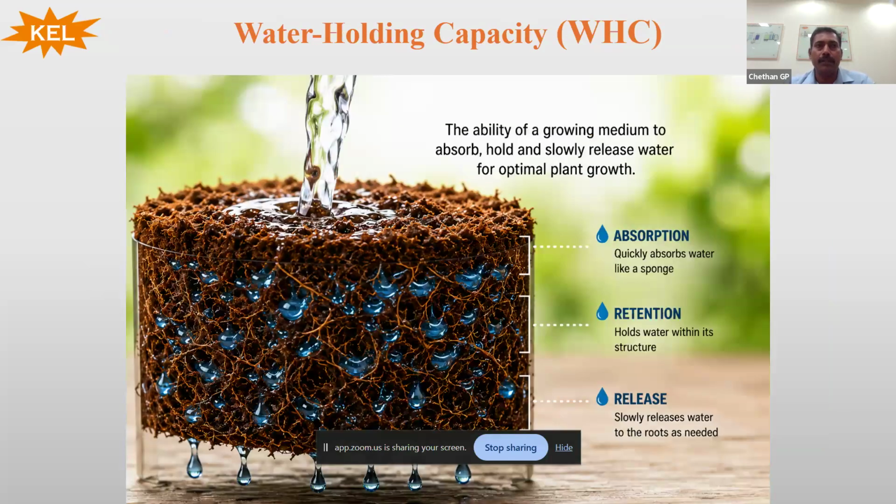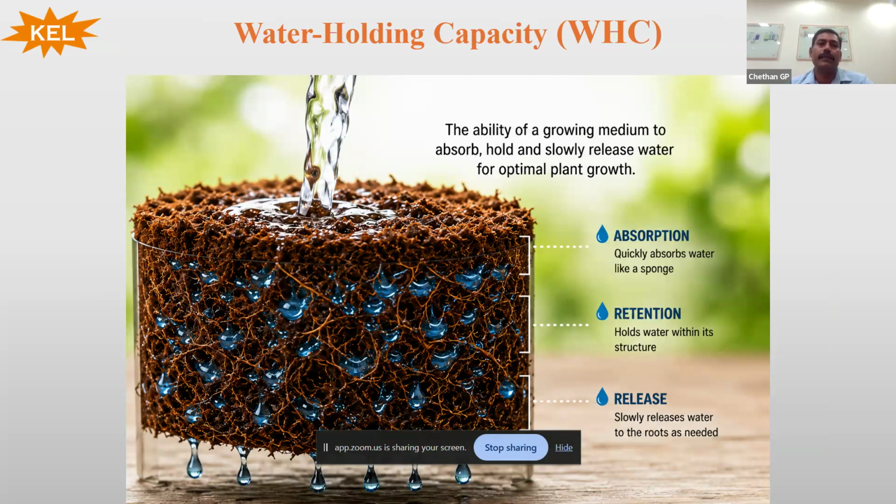Water holding capacity. Water holding capacity refers to the amount of water retained by the substrate. A substrate with low water holding capacity dries quickly, needs more frequent irrigation, and carries a risk of plant stress. Conversely, a substrate holding excessive water may reduce oxygen availability and encourage root diseases.